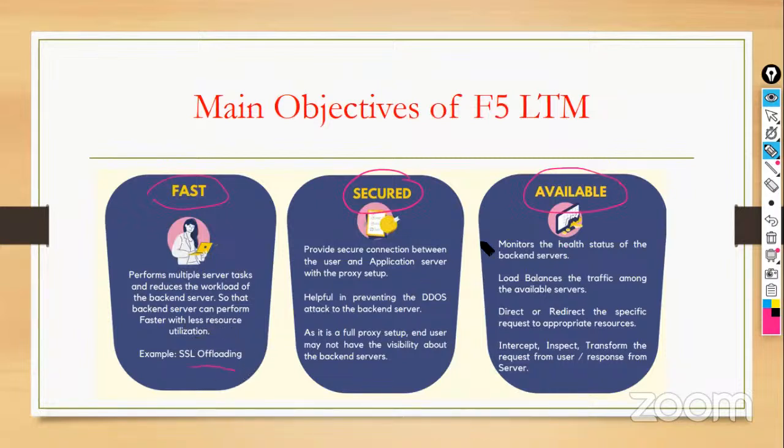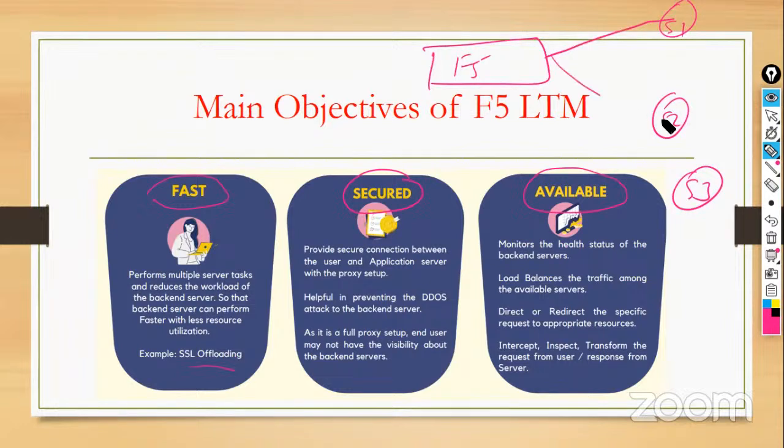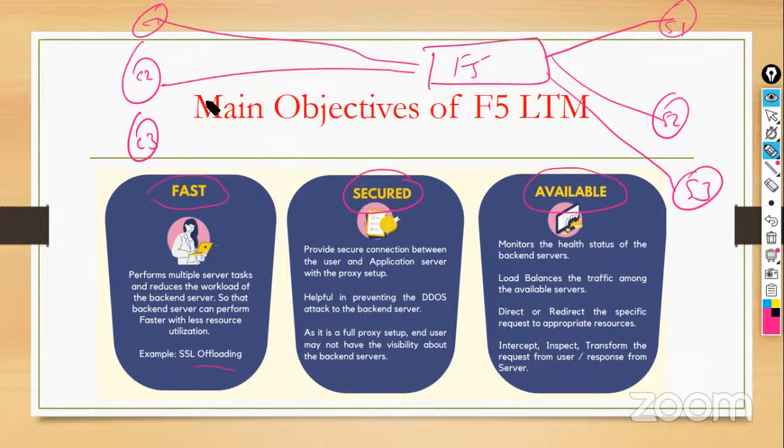For example, you have server one, server two, and maybe server three. Here your F5 is configured and connected to your servers. And here you have client one, client two, client three, and all of these are connected to F5, right?